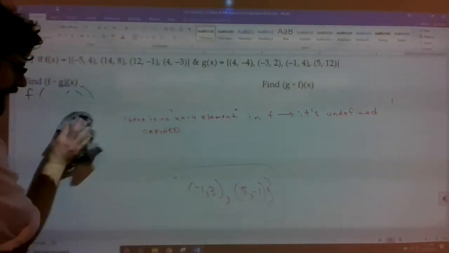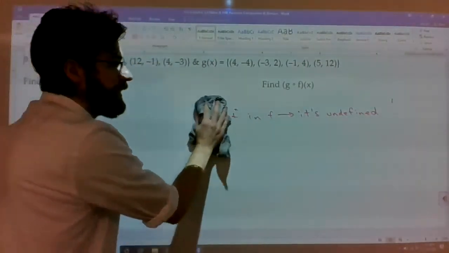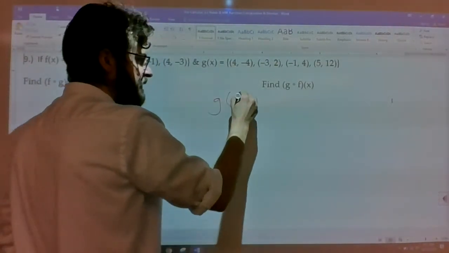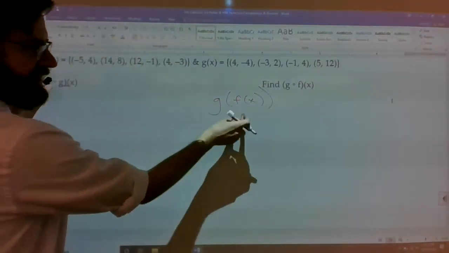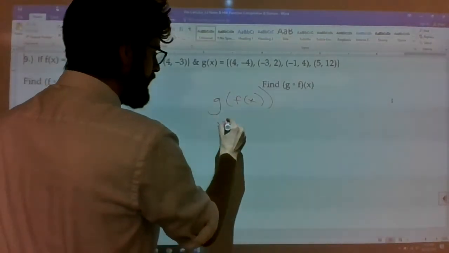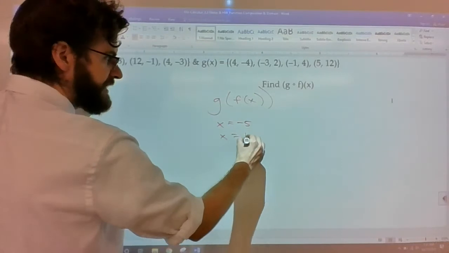All right, you paused it. You either tried it or you're just waiting for me to show you how to do it. G of f of x. All right, so we start with the function f because f is the input function. The x values are the ones that are important to us, so x equals -5 is of consequence. X equals 14, same deal.